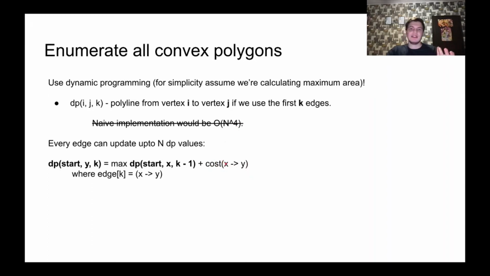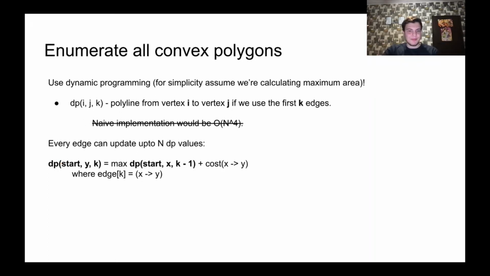Also, if you want to argue about it in terms of cross product, then this cost will just be the cross product between those 2 points. So that's our formula, and obviously we need to update it for all start points, because those are all of the affected values.